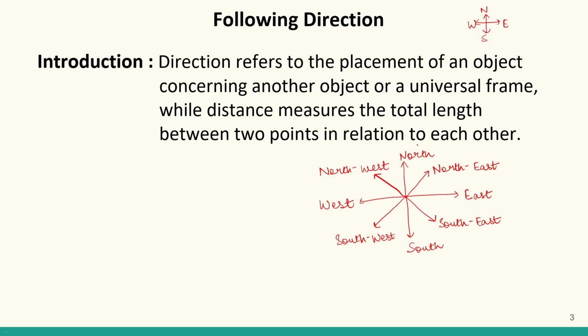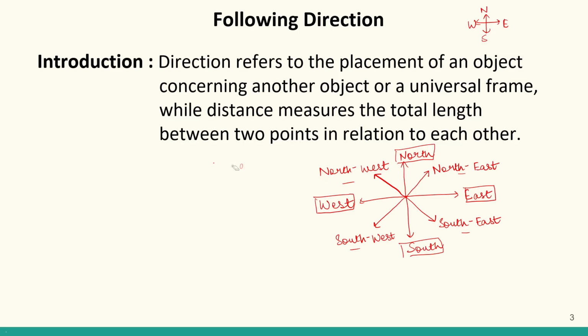So this is the basic diagram of the 8 directions. These are your 4 primary directions: north, south, west, and east, and based on this you have 4 other directions, which are northeast, southeast, southwest, and northwest.